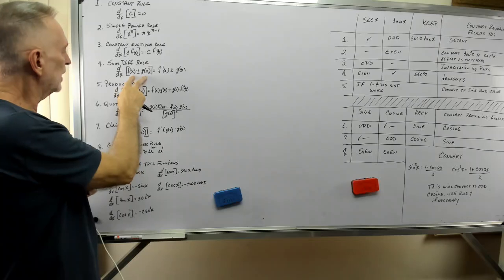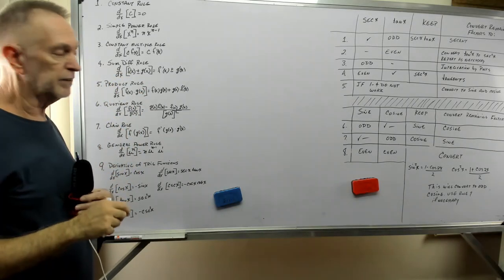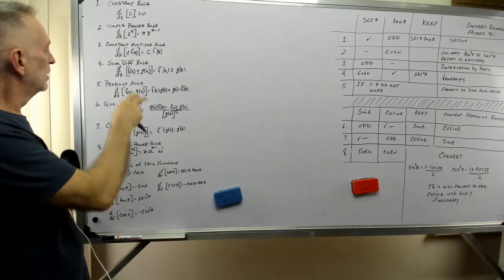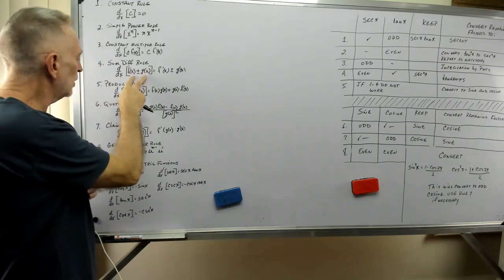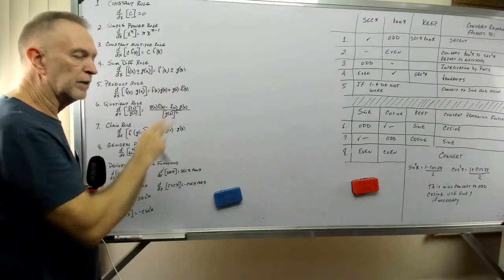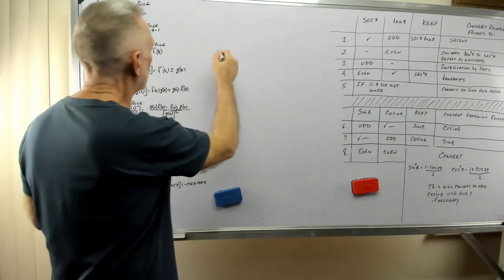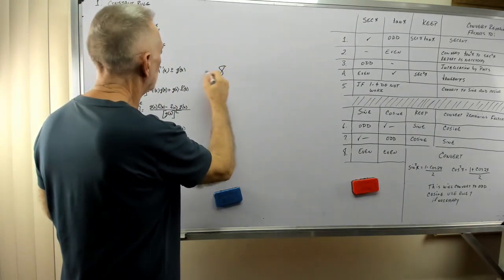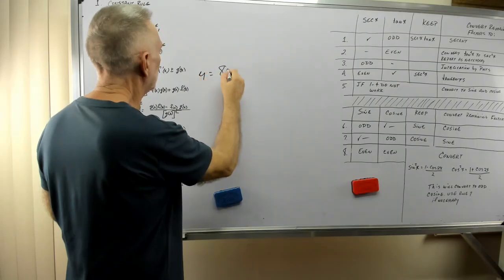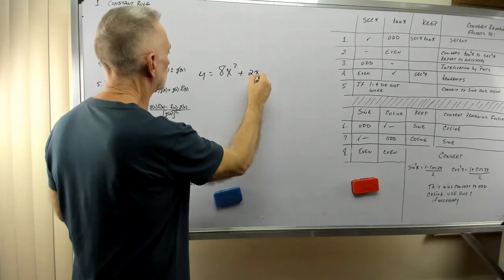If I'm trying to take the derivative with respect to x of f of x plus g of x, the derivative of the sum is the same as the sum of the derivatives. Let's take something really simple. Let's let y equals 8x squared plus 2x squared.